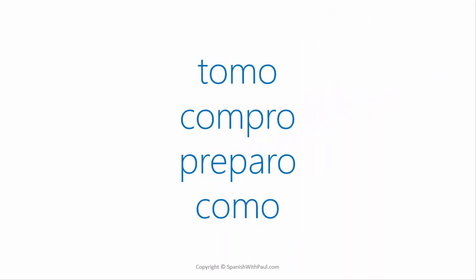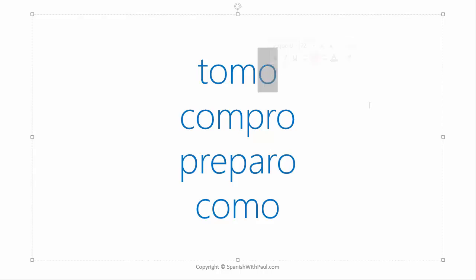So you can see quite clearly now that we have a repeating pattern where O in the verb represents I. We have tomo for I take, compro for I buy, preparo for I prepare, como for I eat. This O representing I repeats right throughout all Spanish verbs. So we have a very strong pattern here that we can immediately latch onto and get into the present tense.